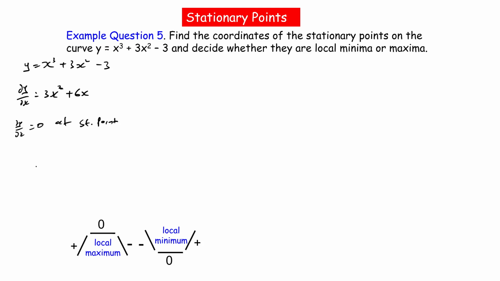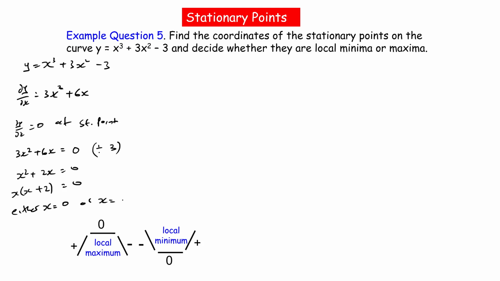So what we do is we equate, then: 3x squared plus 6x equals 0, and divide by 3, which leaves us with x squared plus 2x equals 0. Factorizing, x times x plus 2 equals 0. So either x is equal to 0 or x equals minus 2.